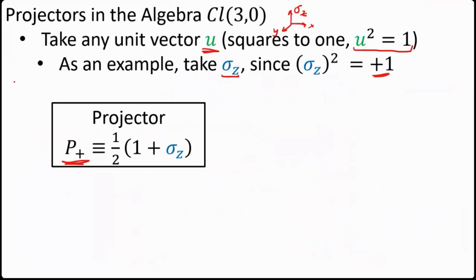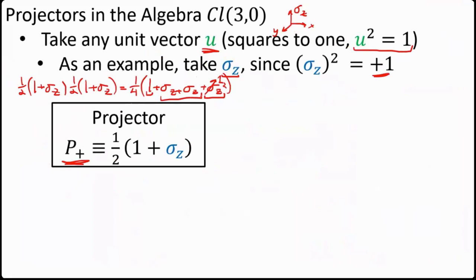I don't remember if I wrote a proof of this, but I will do it super quick here. Squaring gives a quarter times (1 + sigma z + sigma z + sigma z squared), and sigma z squared goes to 1. So we have two 1s and two sigma z's.